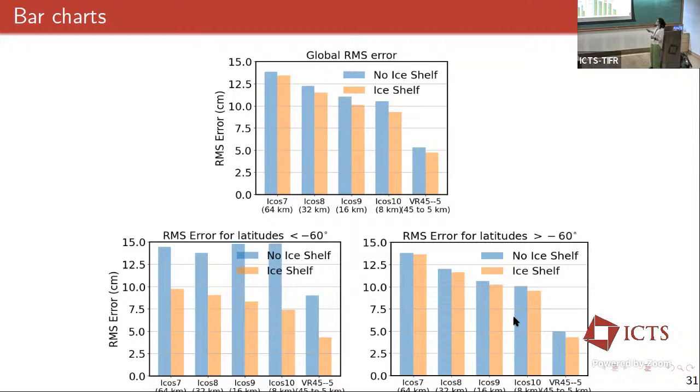There is not much change in the global error when ice shelf pressure is added. But if we only focus on Antarctica, on the Southern Ocean, we see there is a huge improvement. This is for Antarctica, and this is the tropical regions above. That is how we improved our tidal model.